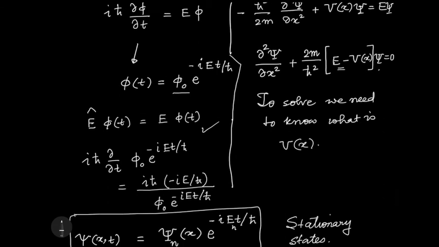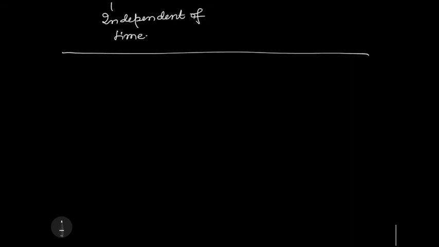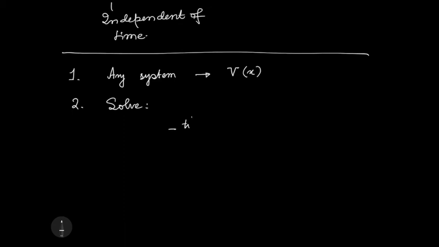Remember that to work with quantum mechanics, any system defined by V, and now we will deal with only stationary states, so V of x, we solve this equation, which is minus h cross square by 2m del 2 psi del x2 plus V of x, and then psi again, equals E psi.